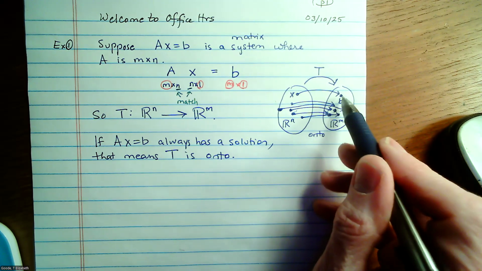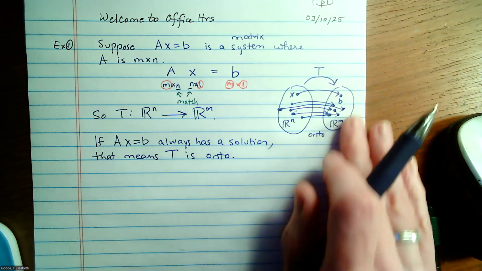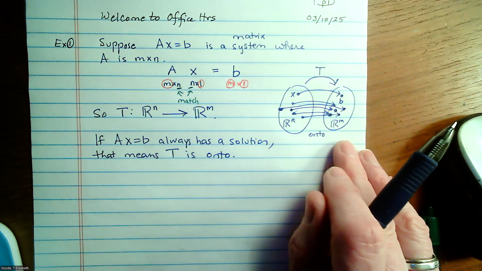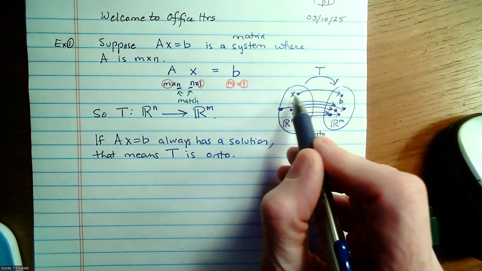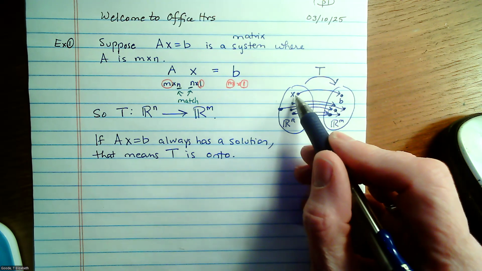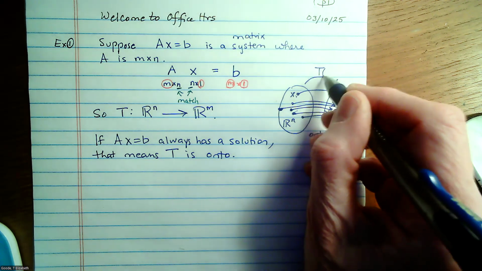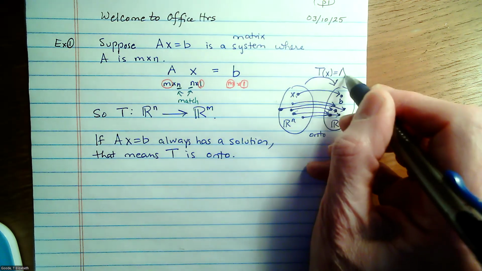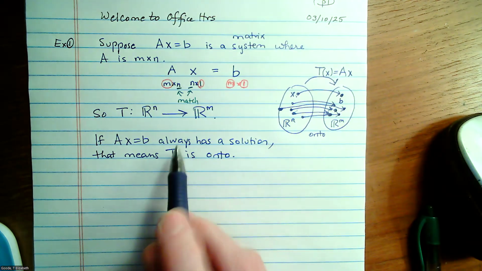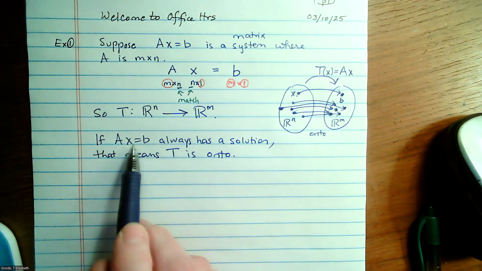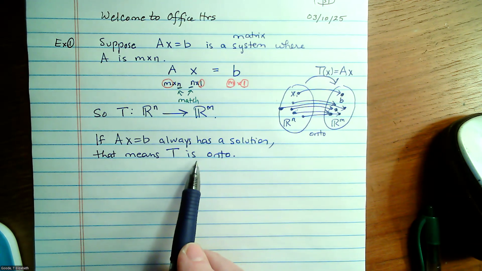Every one of these points gets covered up with an arrow. See what I mean? That means no matter what B we pick, there's an X back here so that T of X, which is AX, will hit B. So these mean the same thing. Does that make sense?